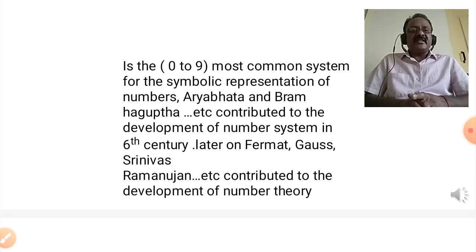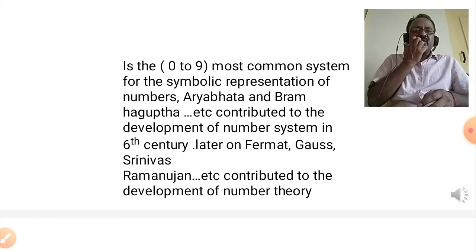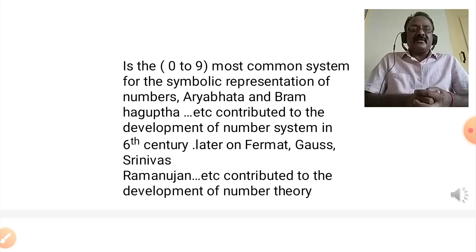From 0 to 9 there are 10 digits, which you are familiar with: 0, 1, 2, 3, 4, 5, 6, 7, 8, 9. Even today we are using this system only. This number system, 0 to 9, is called the Indo-Arabic system.